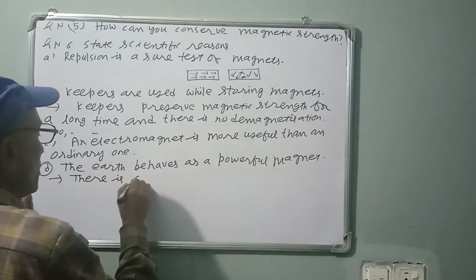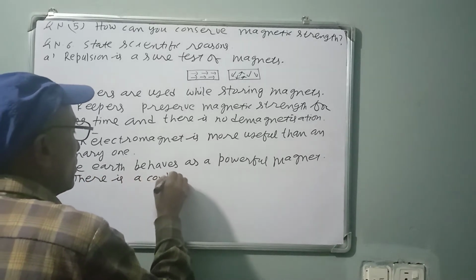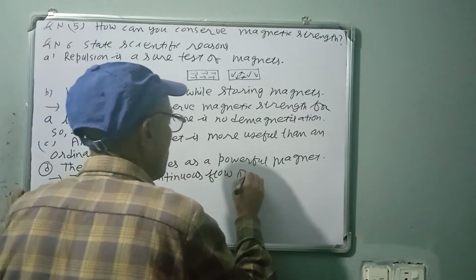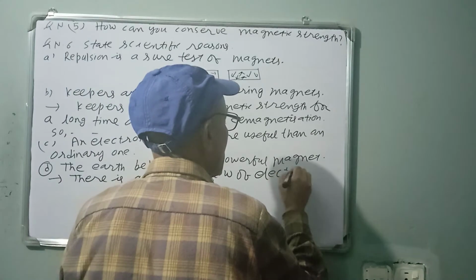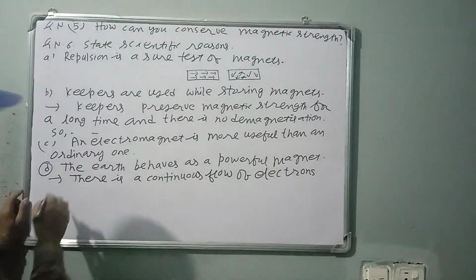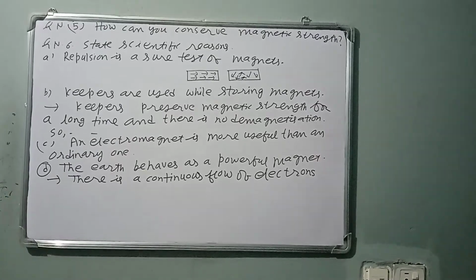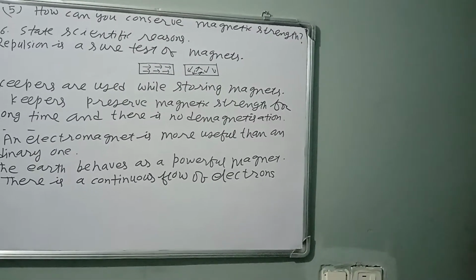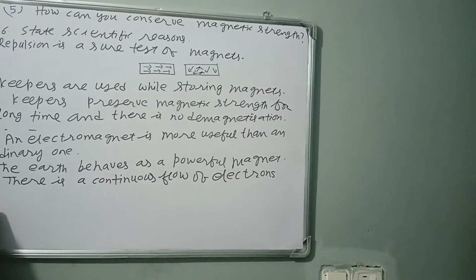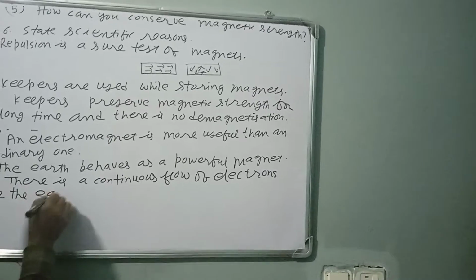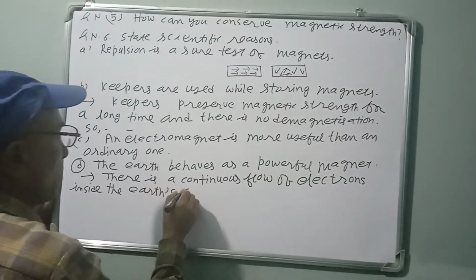There is a continuous flow of electrons inside the Earth's crust.